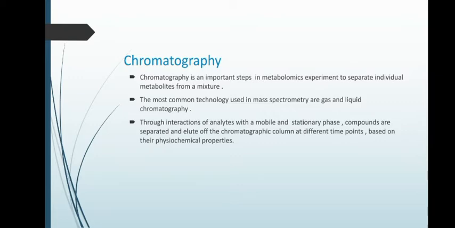Chromatography is an important step in a metabolomics experiment to separate individual metabolites from a mixture. It is important to note that the most common technologies used with mass spectrometry are gas and liquid chromatography.